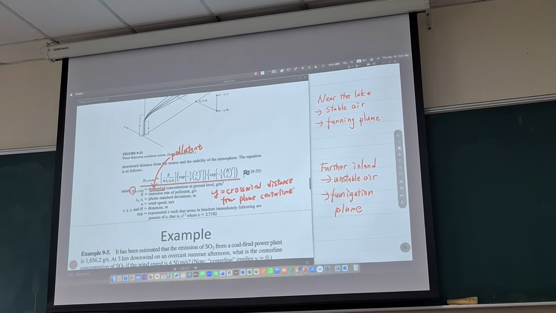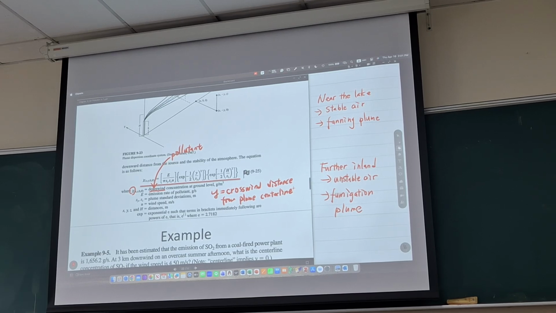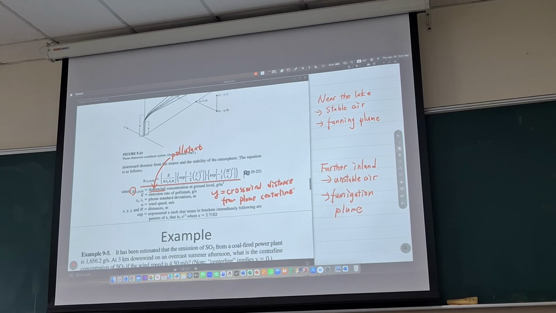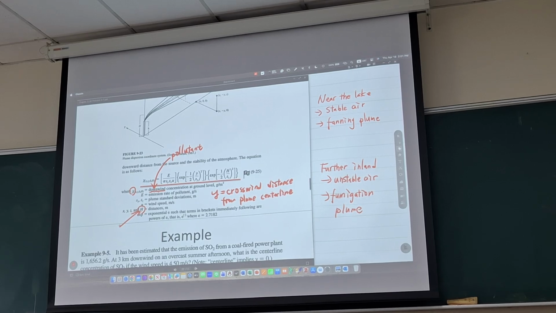Okay, sigma Y, sigma Z, and H all mean distance, but I want to point out why. Because Y is the crosswind distance from the plume center line. And H is what we just learned, right? H is something called the effective stack height.